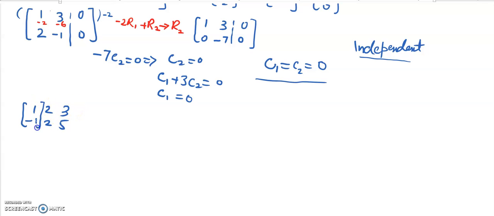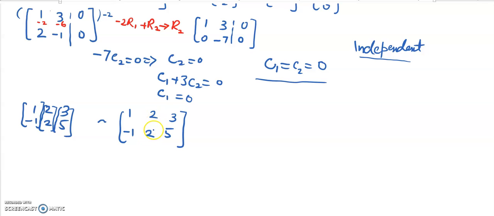This is the first, this is the second, and this is the third. I made it a little bit messy, but anyway, we can write it into one matrix: 1, -1, 2, 2, and 3, 5. Now we don't necessarily have to write 0, 0 here; that will not make any difference. So just apply the row operations. By the row operations, I can just add these two.